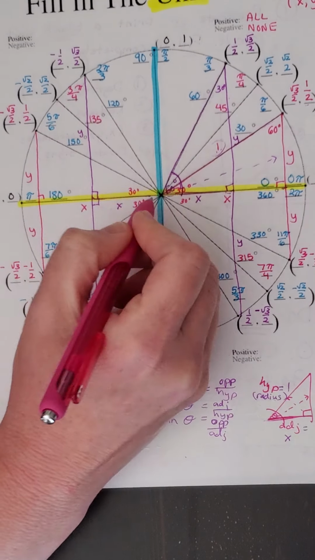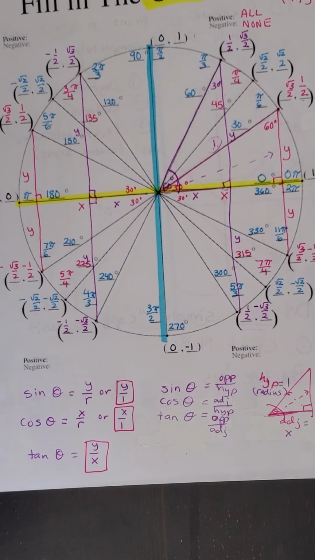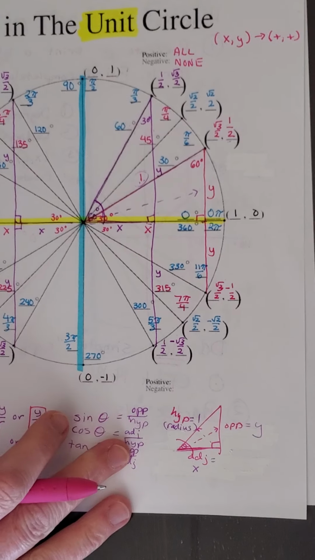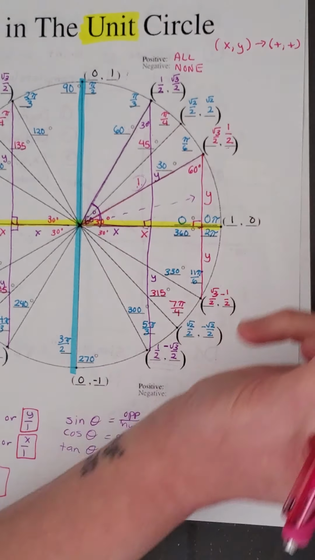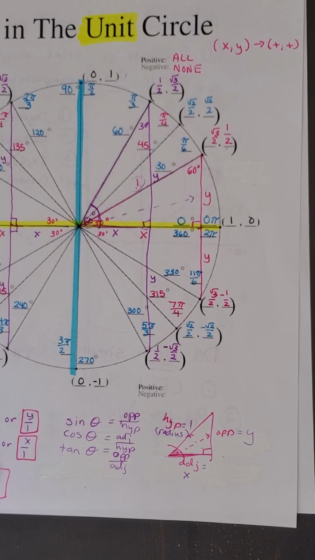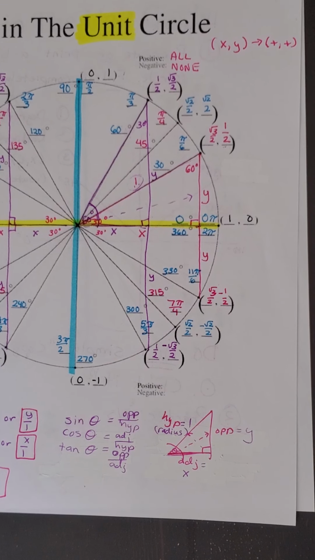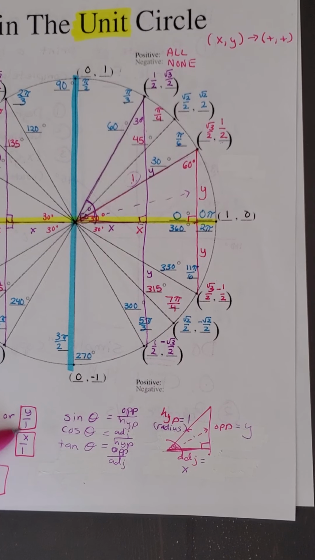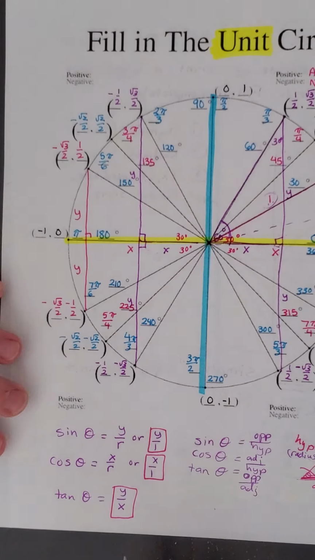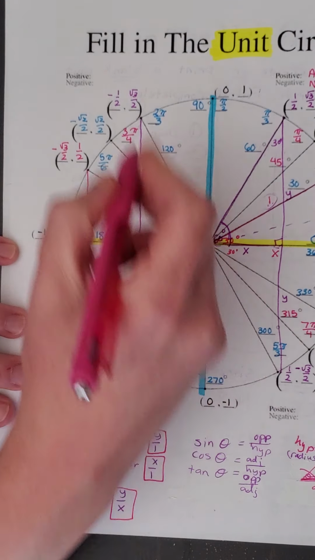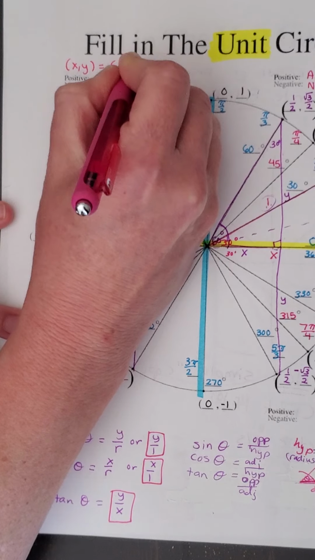In the first quadrant, x and y are both positive, so all of these ratios are going to be positive. Y is positive, x is positive, and 1 is, of course, always positive. In the second quadrant, however, x will be negative, and so x comma y will be negative comma positive.